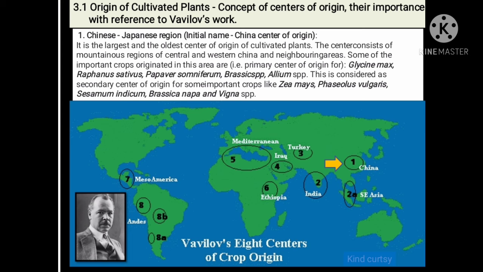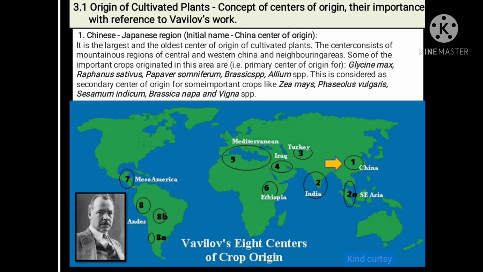Vavilov, in 1926 to 1951, initially suggested 8 primary centers of origin of crop plants, which were considered by him as primary centers of diversity. Among these 8 centers proposed by Vavilov, India is one center, which was named by him the Hindustan center of origin of cultivated plants.